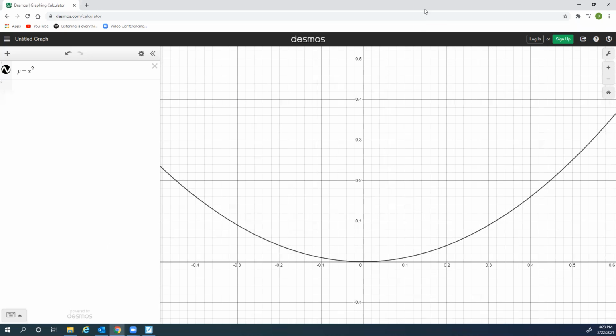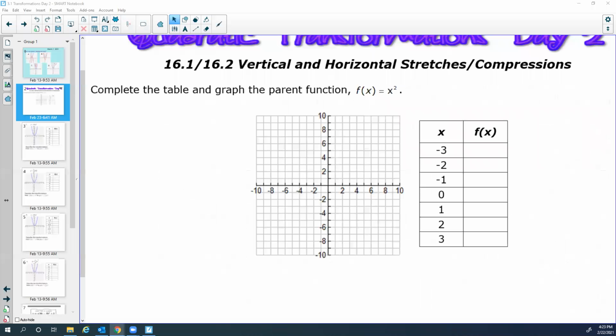Here's what it looked like on my graph with just a couple points, and what my table would look like.